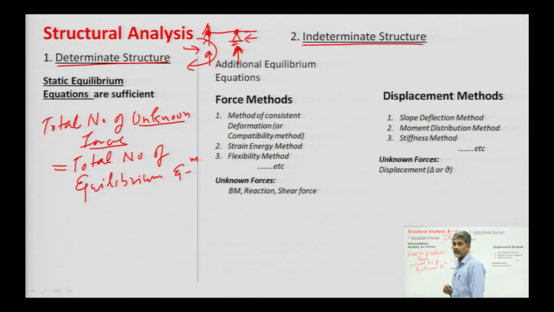So, the total number of unknown forces in this case is 5. If we neglect the horizontal reaction at both points, then we have 3 unknown forces. By considering horizontal reaction also, we have 5 total unknowns.